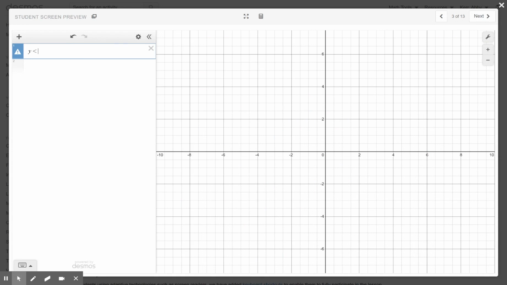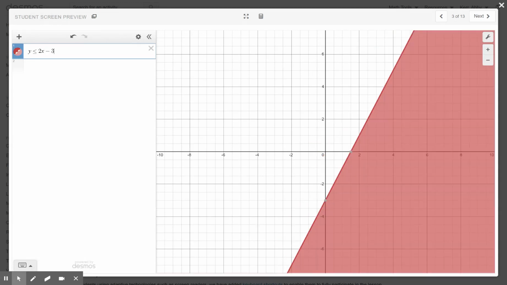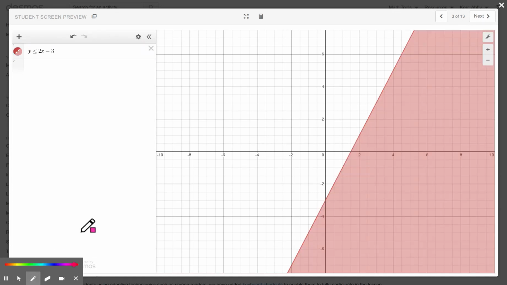Let's say I choose y less than or equal to 2x minus 3. If I choose an ordered pair in this shaded area, I'm going to get a true statement. This would be 6, 2.